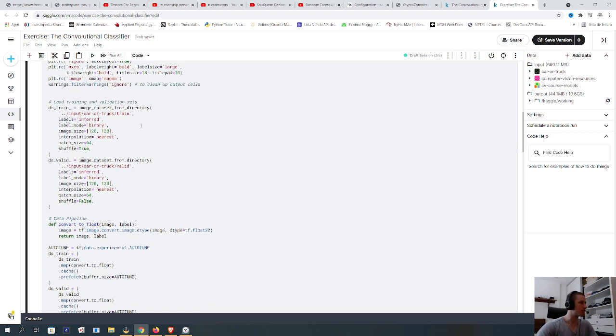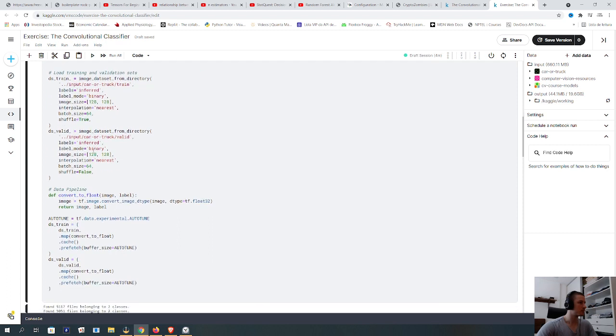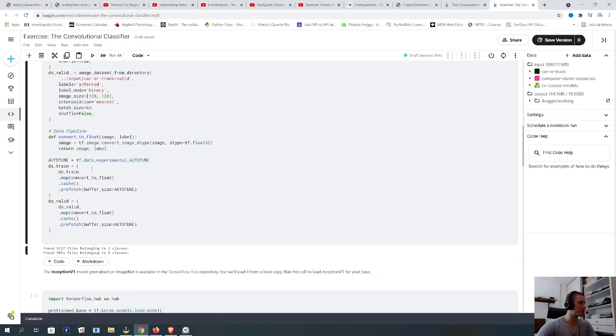The train is the image, the training part. Validation is the validation. So it's loading from this directory, applying labels, batch size 64. Well, it's interesting that here there's a batch size, but in the model it's not necessary.